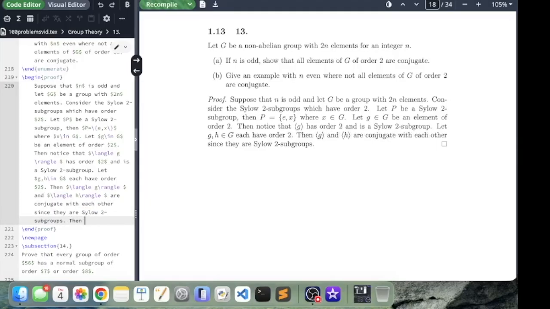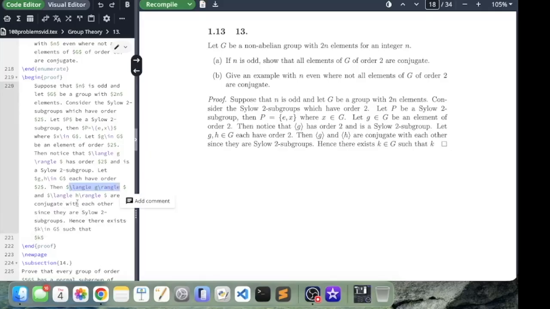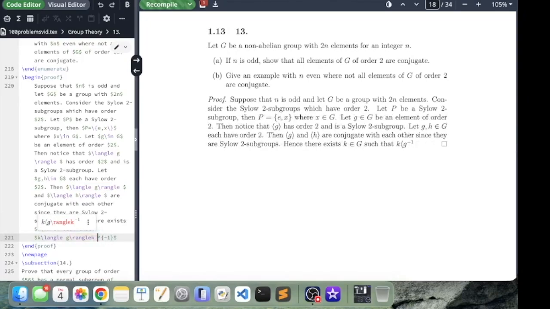Hence, there exists k in G such that k times the cyclic subgroup generated by g times k inverse is equal to the cyclic subgroup generated by h.